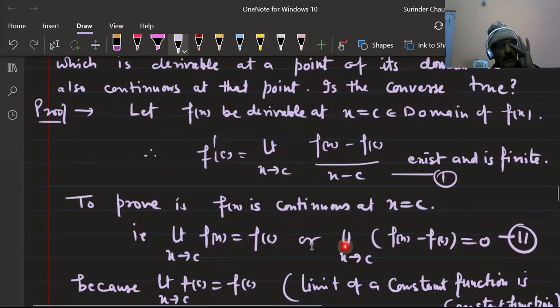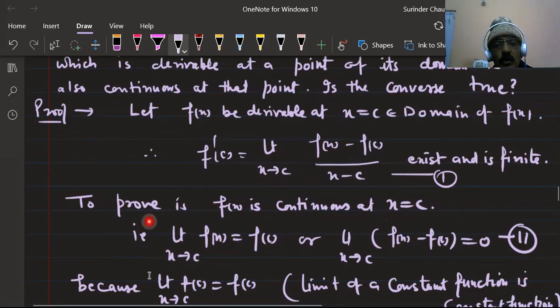That is the definition: f is continuous at c if the limit as x goes to c of f(x) is equal to f(c).